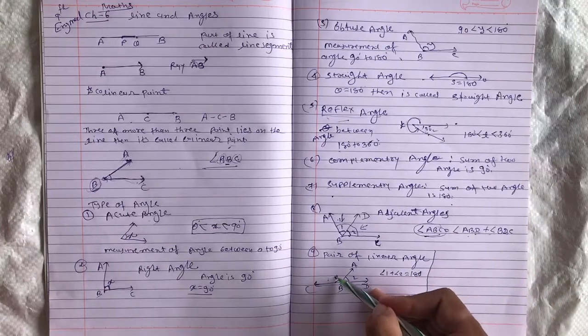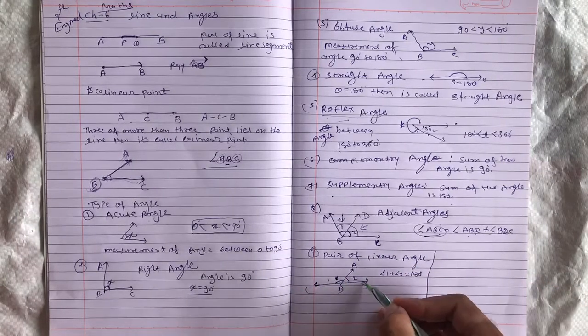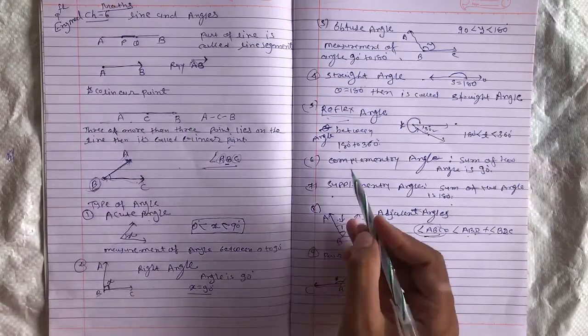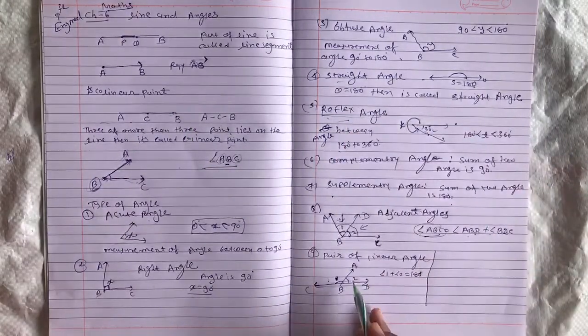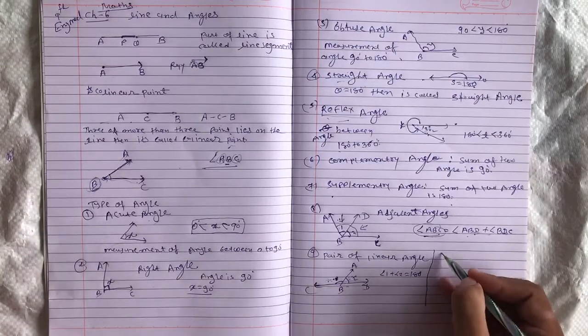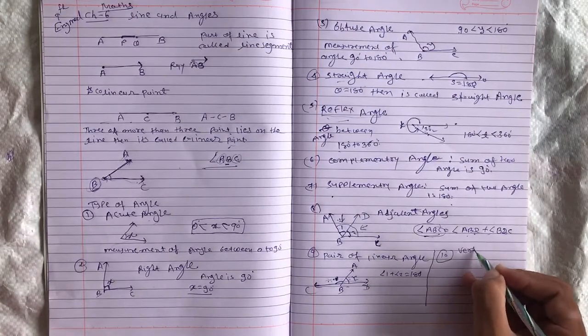Because the whole angle is equal to a straight line angle, which is 180. So these two adjacent angles add up to 180, and it's called a pair of linear angles.